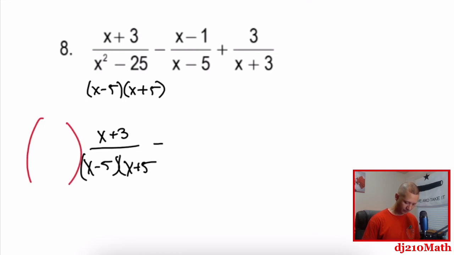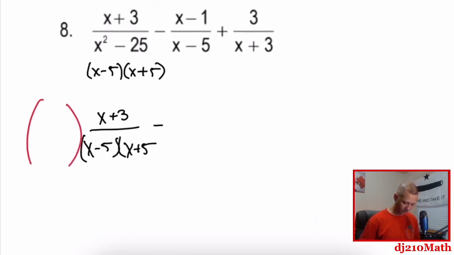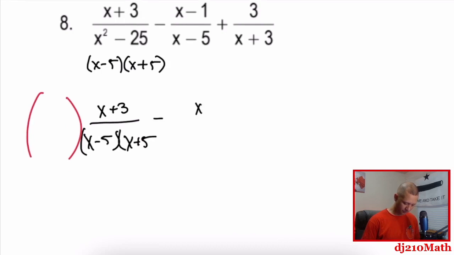Minus x minus 1, x minus 5. All right, this is going to have to get multiplied by something.